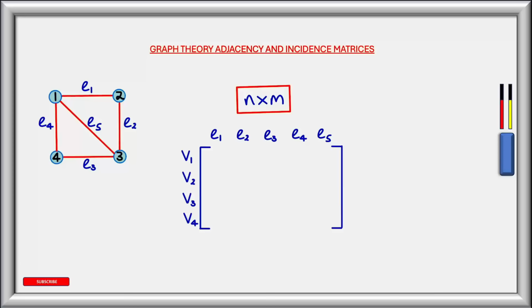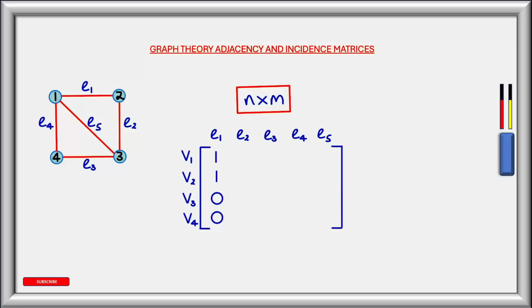So column 1 represents edge E1, and edge E1 connects vertex 1 to vertex 2. So we can place a 1 in row 1, column 1, and row 2, column 1 to represent this connection. And the other entries in this column will be 0, as edge 1 is only associated with vertex 1 and vertex 2, and has no association with vertex 3 and vertex 4.